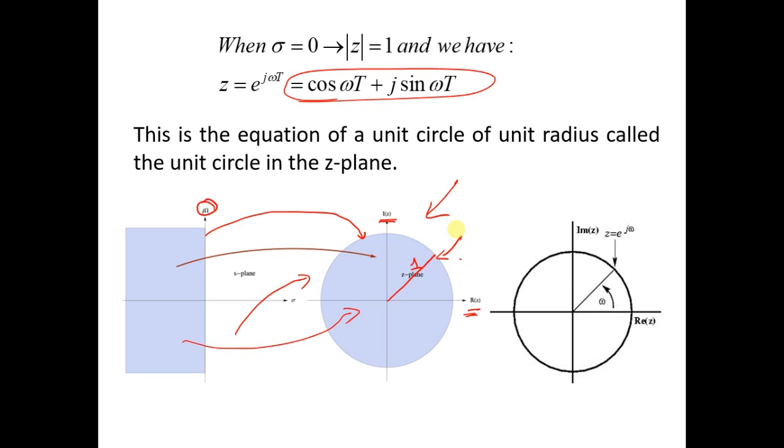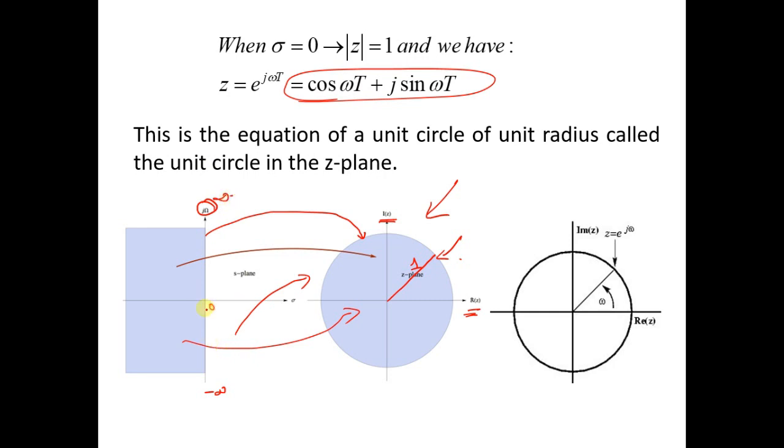But when we are doing this mapping, there is a problem. What is the problem? Here the analog frequency goes from minus infinity to infinity. Let us start with 0.